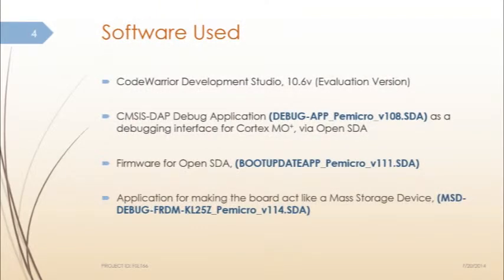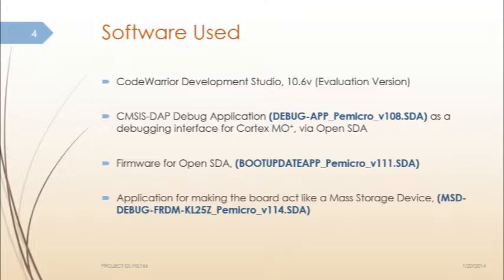Here we have the software used, where firstly CodeWarrior Development Studio version 10.6 evaluation version is used as a coding platform for configuring the board as well as the sensors and integrating it as one whole project. In order to do that, first we have 3 support files, that is CMSIS-DAP debugging application, which provides us a debugging interface for ARM Cortex via OpenSDA.